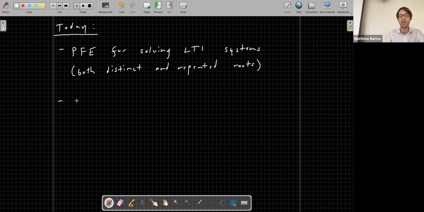And we're going to look at using the Laplace transform to solve higher order systems. Previously, we've only looked at using the Laplace transform to solve first order systems. Today, we're going to look at higher order systems.